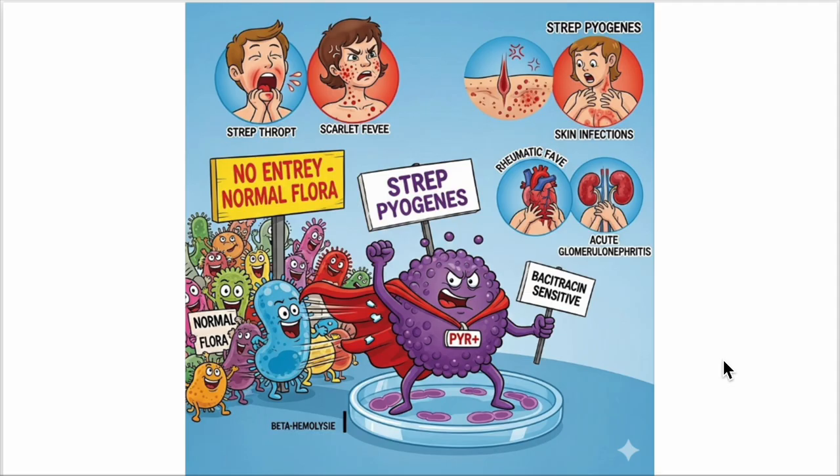This one is never normal flora. So this is a true pathogen. We don't normally find it on the skin or in the body anywhere. It causes strep throat. It causes scarlet fever, skin infections, rheumatic fever, and acute glomerulonephritis.